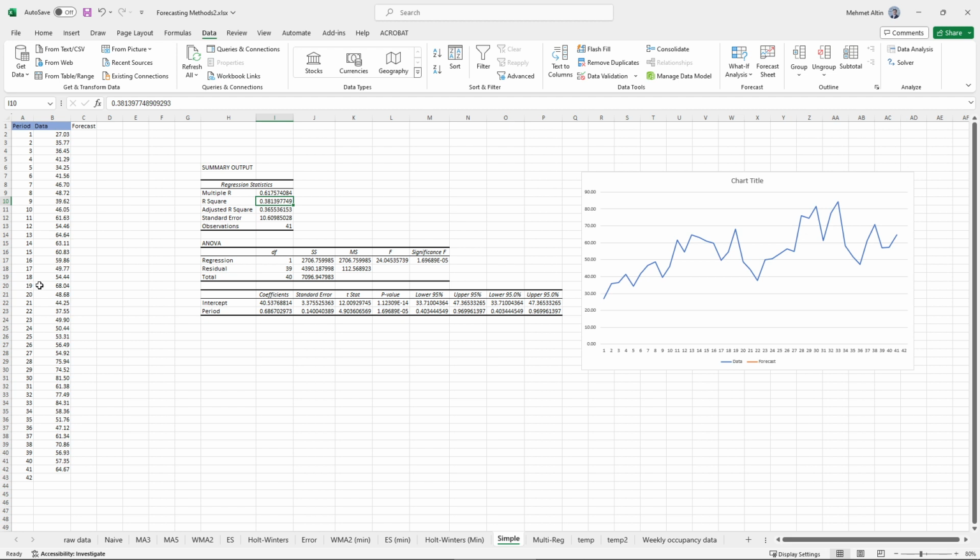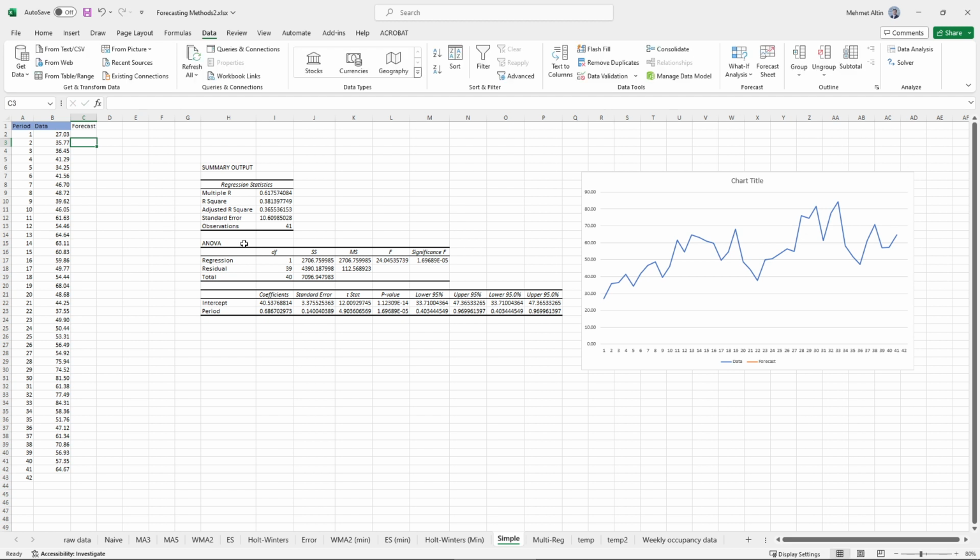So the idea here is, when the period increases, the data points also increase. Assuming once again that this is correct, we can do forecasting.